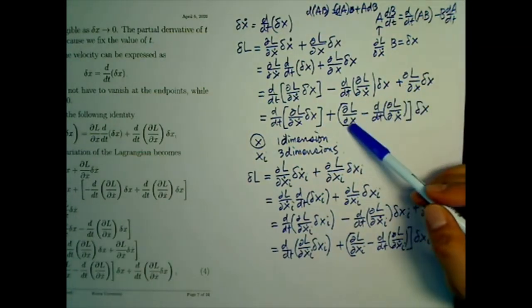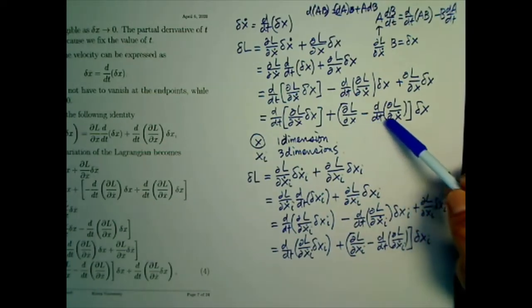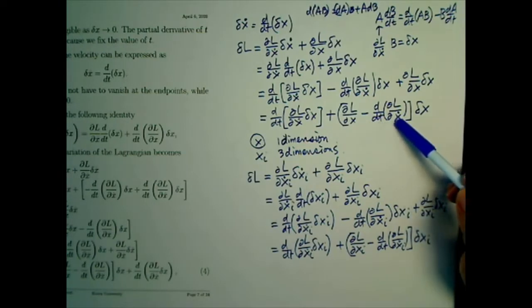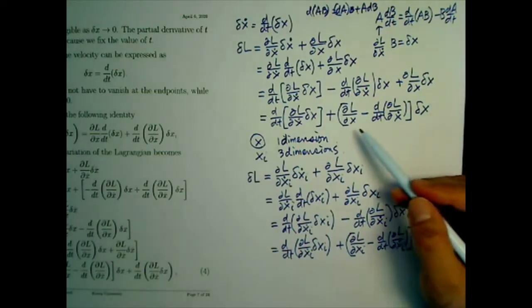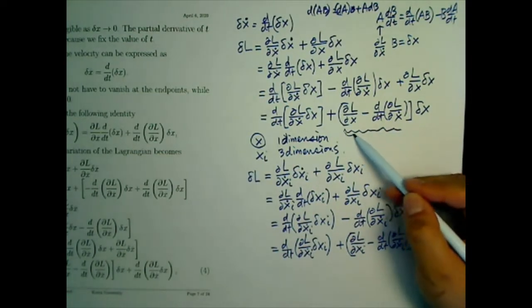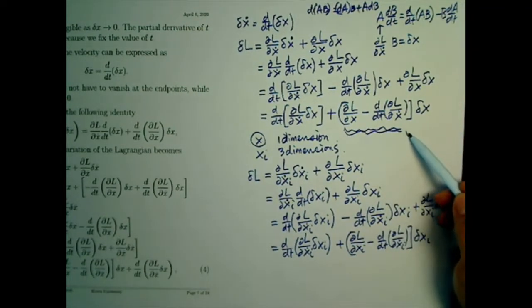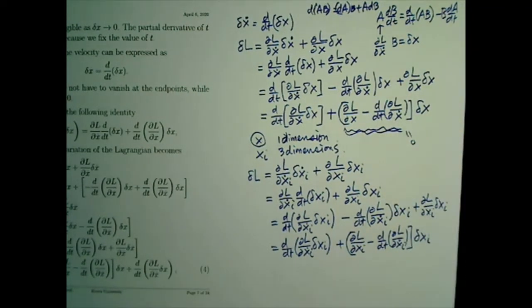And this one is the Lagrangian's partial derivative with respect to x subtracted by the time derivative of the conjugate momentum. Now we find that if I put this one equal to 0, what happens? This one is just the equation of motion. This is the Euler-Lagrange equation.